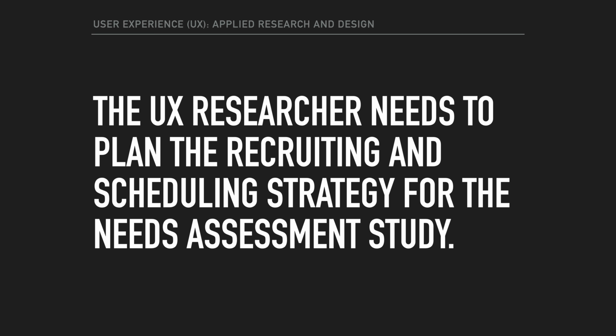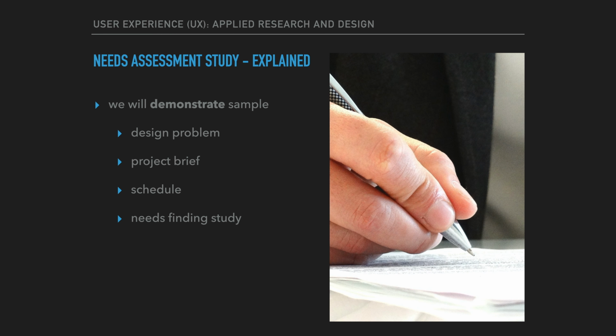All of these activities require good project planning, monitoring, and execution. So, phase 1 of a UX research design project consists of creating an interview script where the goals of the study are written down, as well as the questions necessary to satisfy those goals. To make everything clear, we're going to show you a sample design problem definition, project brief, schedule, and needs finding study.